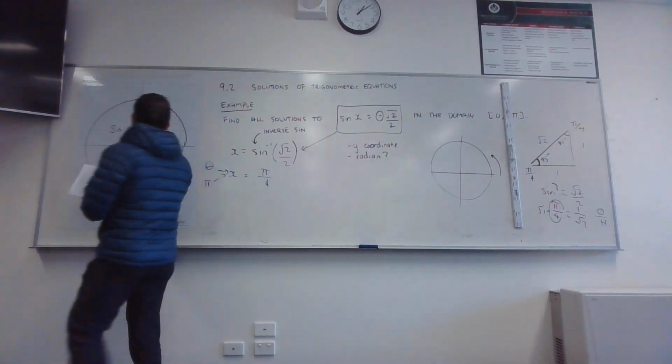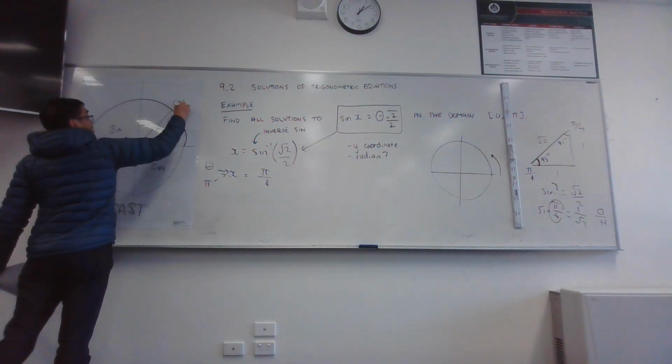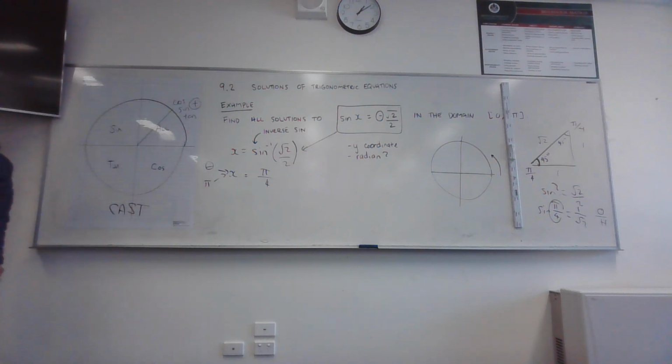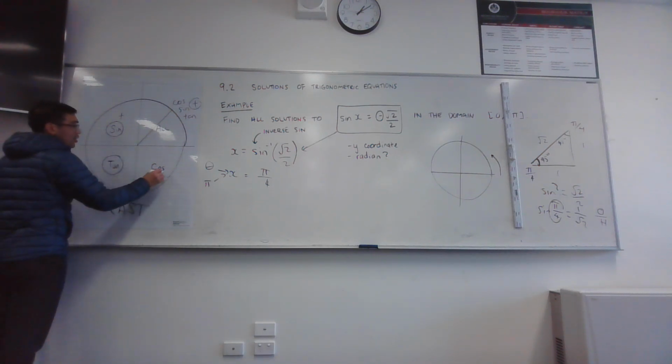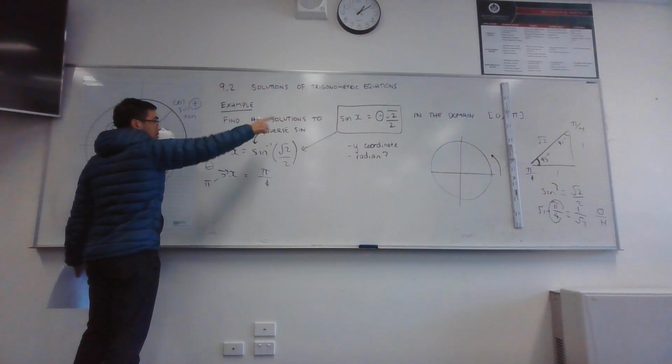So, as you can see, in this section here, cosine, sine, and even tan, they're all positive. In this quadrant here, sine is the only positive one. Down here, tan is the only positive one. If it lands in here, cosine is the only positive value. I'm after a sine and negative.